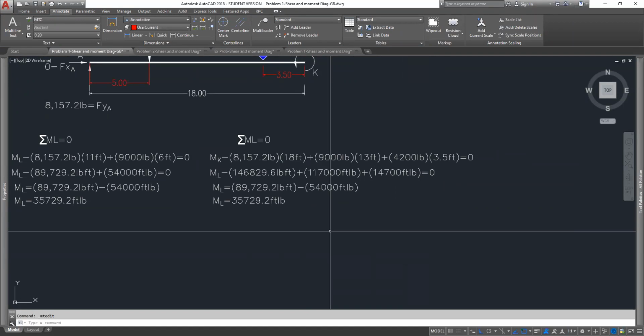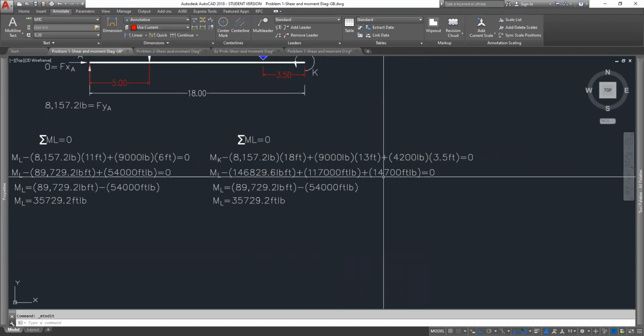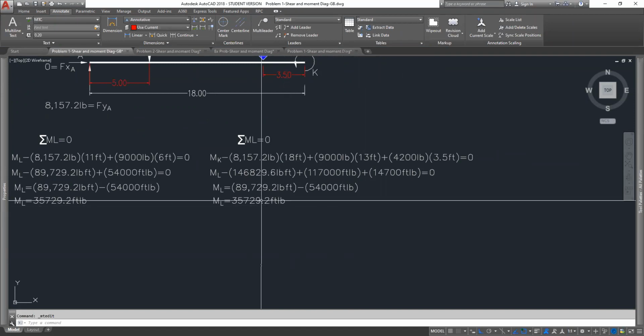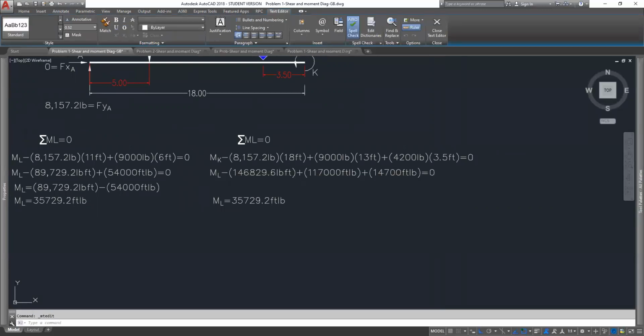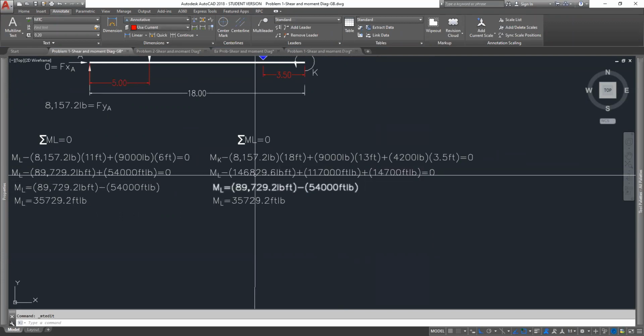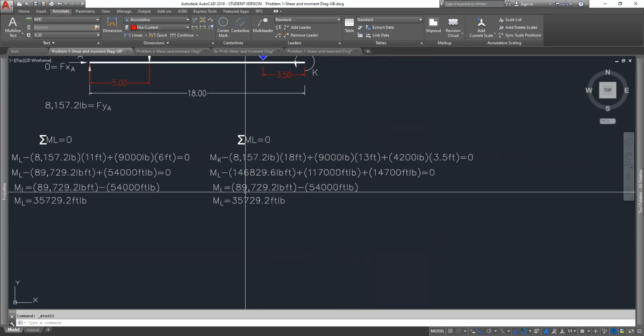All right, let's move everything to the other side. So we have got these two numbers. Let's add those two. 117 plus 14,700 is how much? These two positive numbers. Actually, it's this one that's going to be positive, correct?